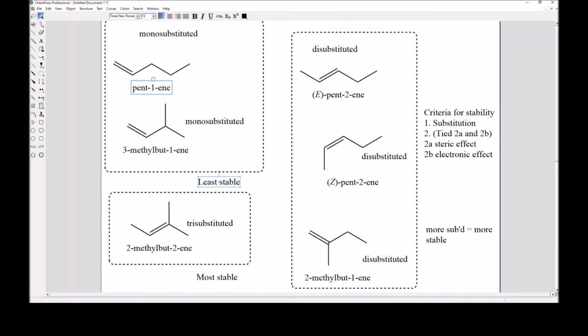Now, to split hairs over which of these 2 is the least stable, this is based on what we learned with alkanes. If these were both alkanes, and we got rid of the double bond, you would say this alkane is more substituted, and therefore it's slightly more stable, and that statement is still true. A more substituted alkane is more stable, just like a more substituted alkene is more stable.